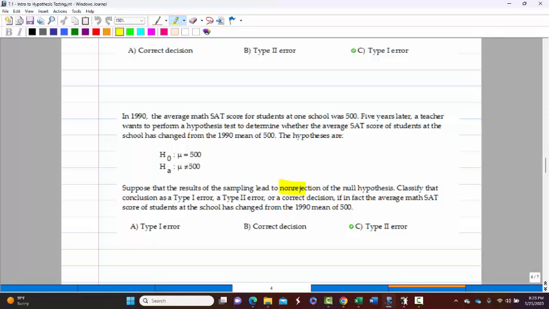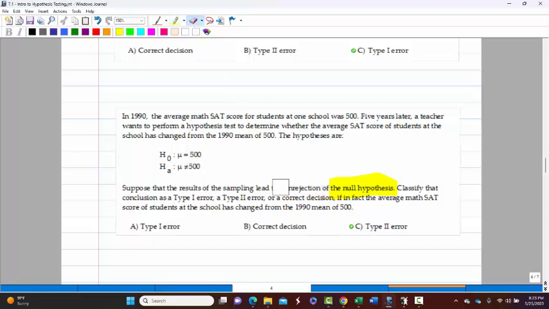We didn't reject. And then right here, if in fact the average SAT math score has changed from the 1990 mean of 500, so what we're saying is that the alternative hypothesis is true.